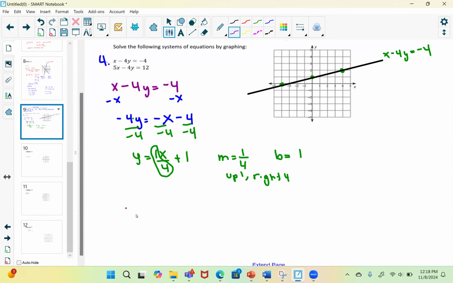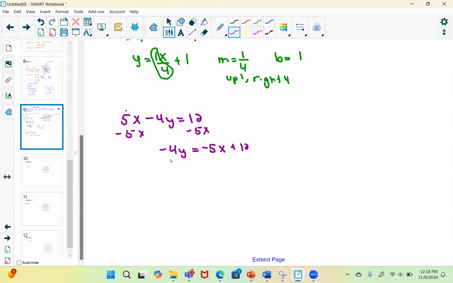And then we're gonna do the second one. We have 5x minus 4y equals 12. Okay, so we first move the x by subtracting 5x from both sides. We get -4y equals, this is not like terms, so I can't combine them. So I get -5x plus 12. Divide everything by the -4.